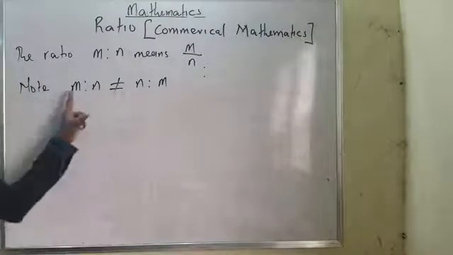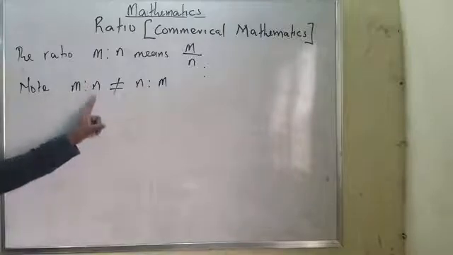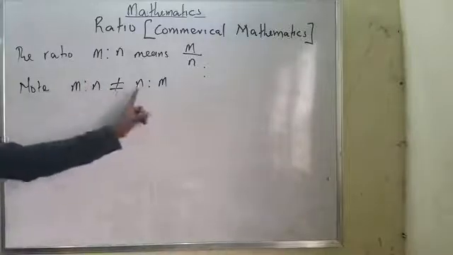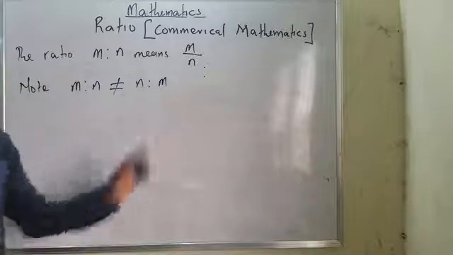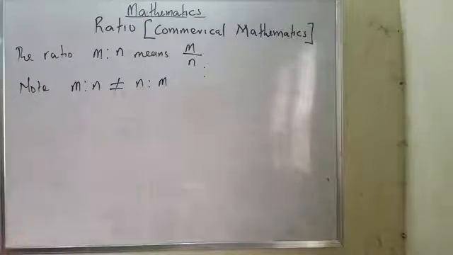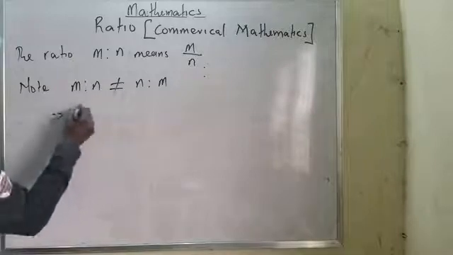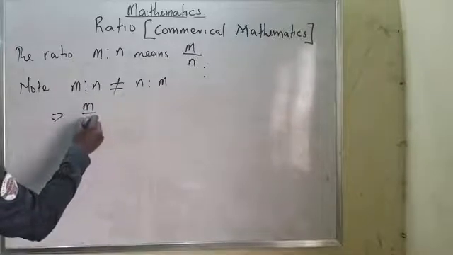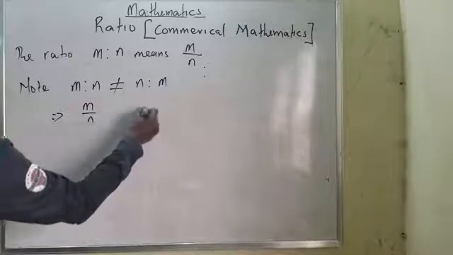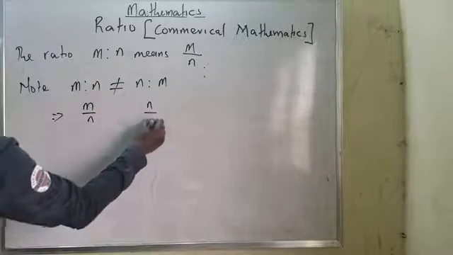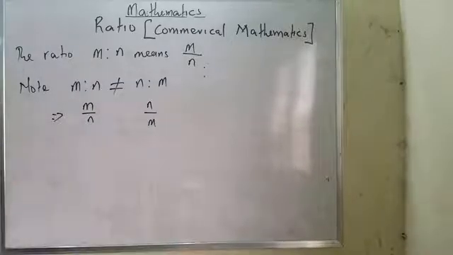When you have M ratio N, it is not the same as N ratio M. There is a difference between them. This one implies M divided by N, while this one implies N divided by M. Can you see the difference?